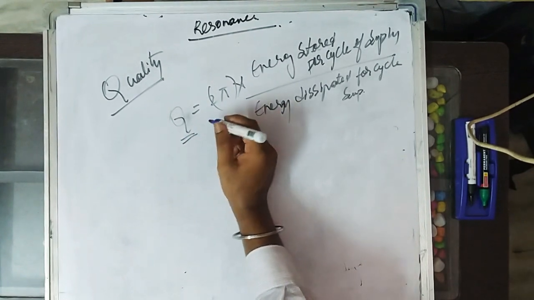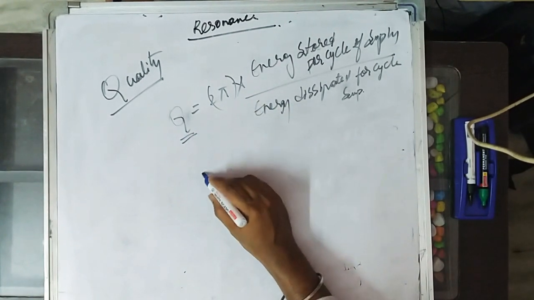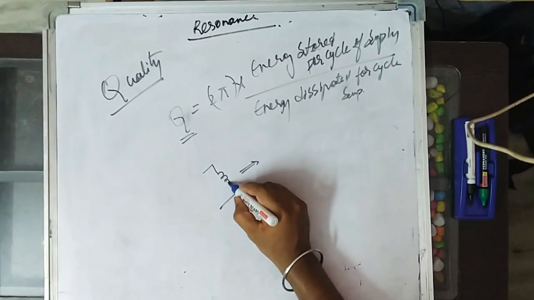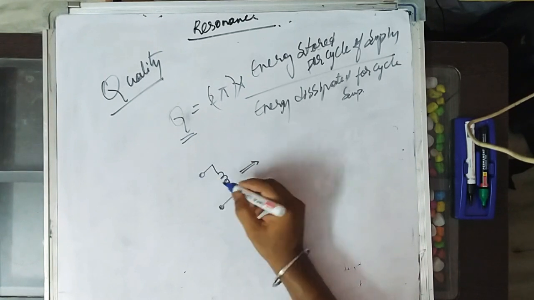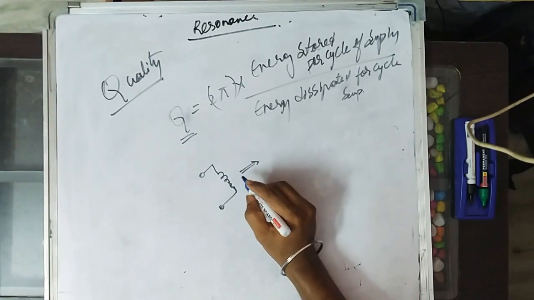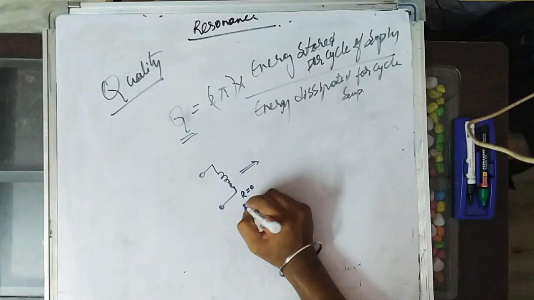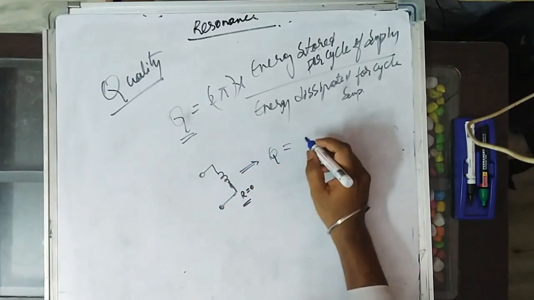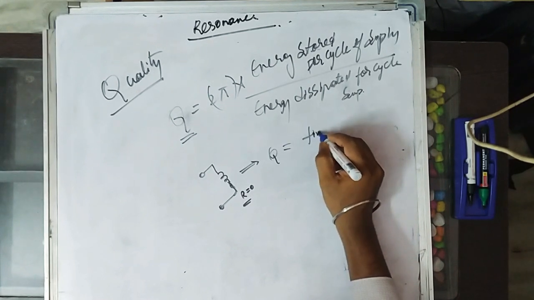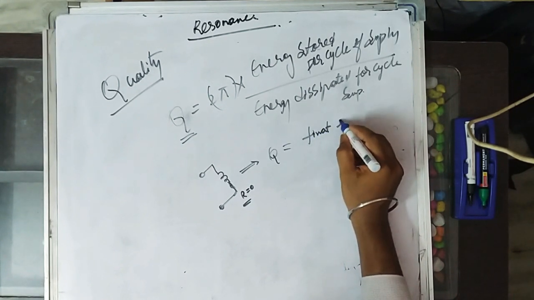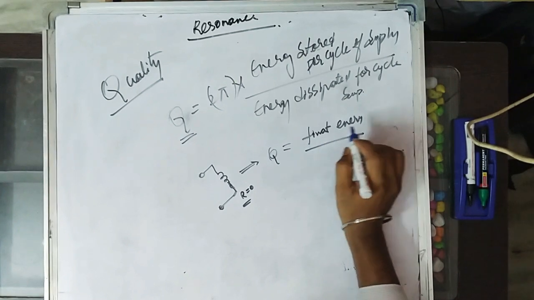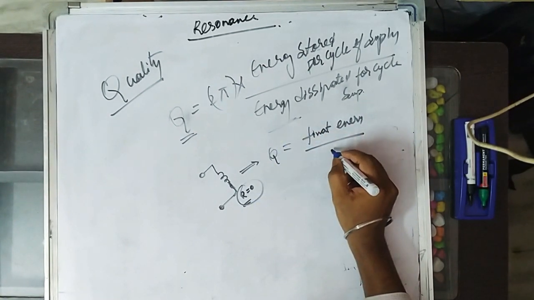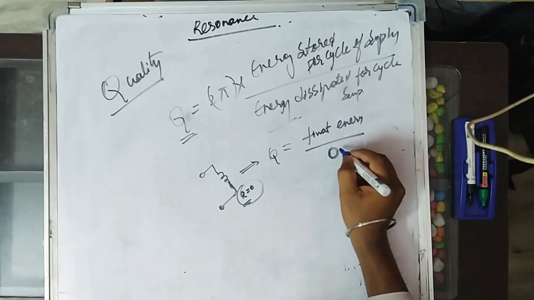For example, if you take a pure inductor, this ideal inductor doesn't consist of resistance R. So here R equal to 0. The quality factor says that this inductor will store some finite energy, and since R equal to 0, the dissipation of energy will be 0.